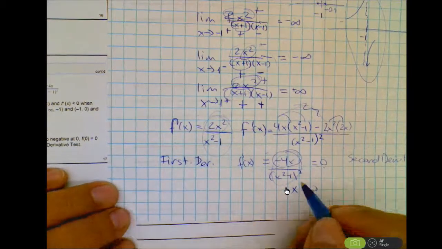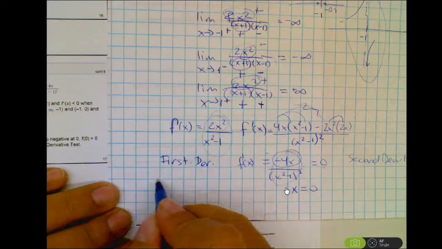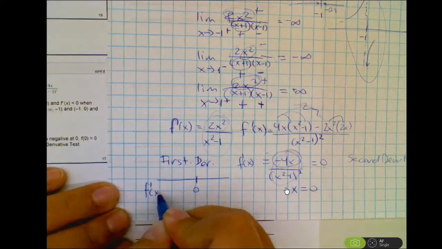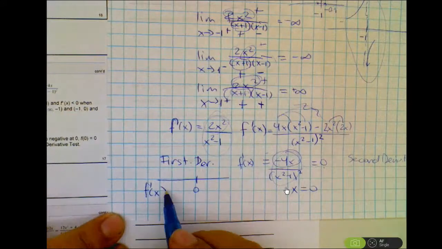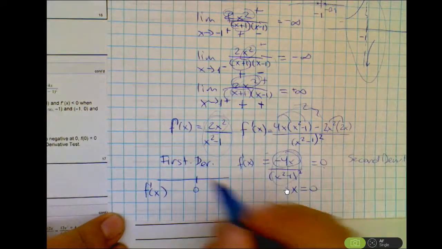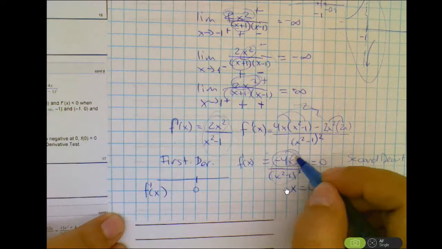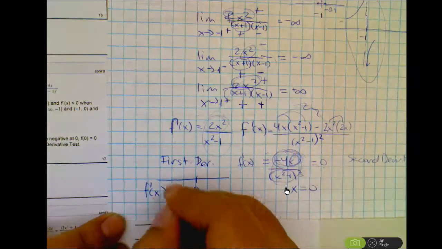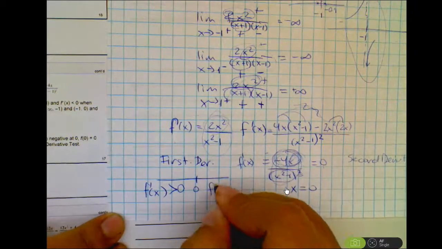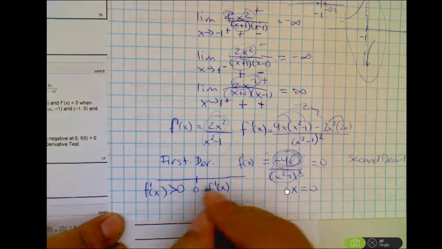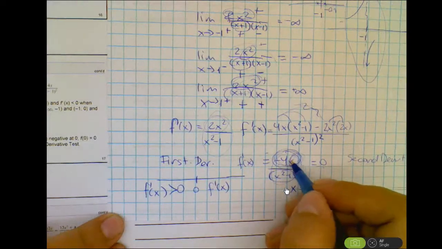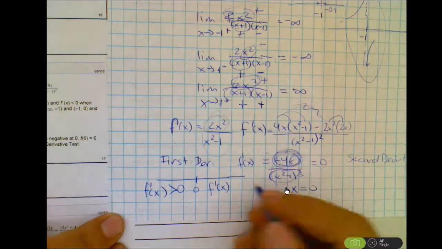With the first derivative test, I have to know what happens to the derivative before 0 and after 0. Before 0, let's say negative 0.5, if x is negative 0.5, this product will be positive, and since the denominator is raised to the second power, it's always positive, so the result is positive. After 0, think of the number 1: if x is 1, this product is negative, divided by a positive is negative.